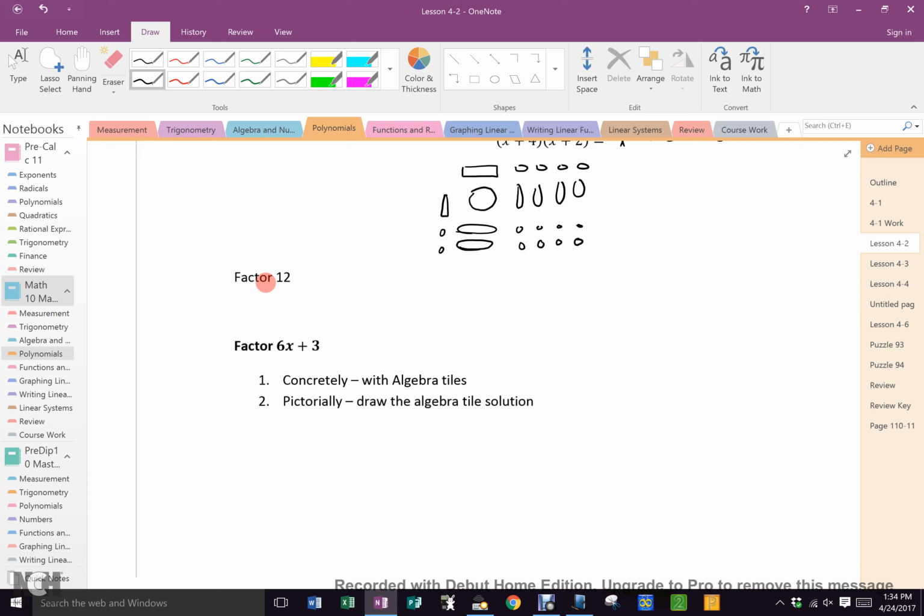Right? Now we're going to do something slightly different. Factor this way means all the pairs of factors that work in this equation.